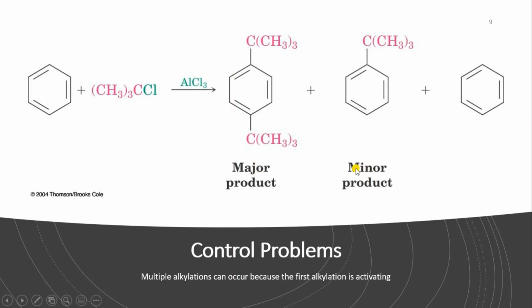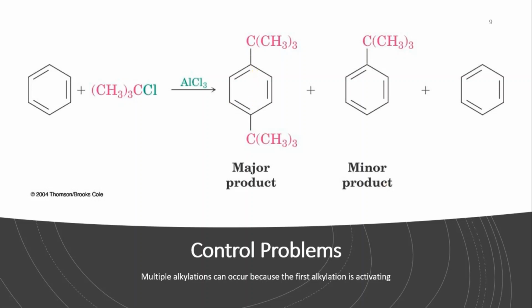This will be the minor product, and the major product would be the one with two alkyl substitutions, both para to each other, and we'll also have somewhere the unreactive benzene as well. So they are the kind of side products along with the major product, that is the bi-substituted alkyl product.